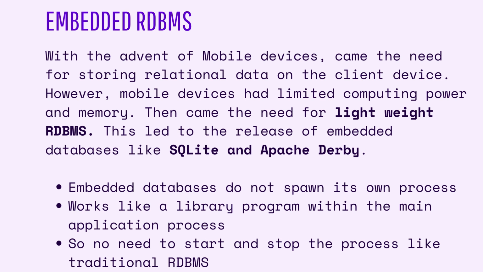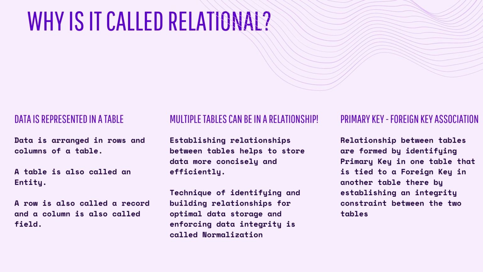These embedded databases do not spawn their own process, and they are lightweight and work just like a library program within the main application process. So there was no need to start and stop the processes like the traditional RDBMS. Now the question is, why is it called relational?